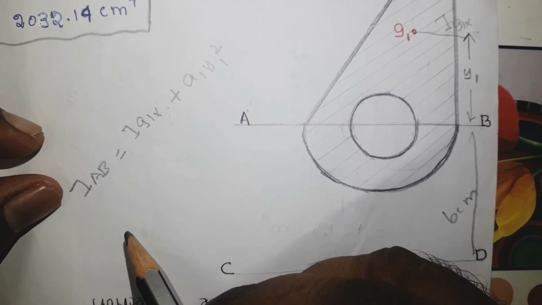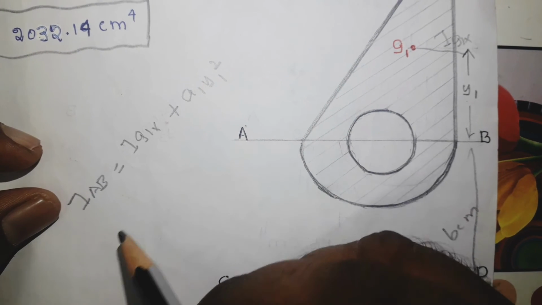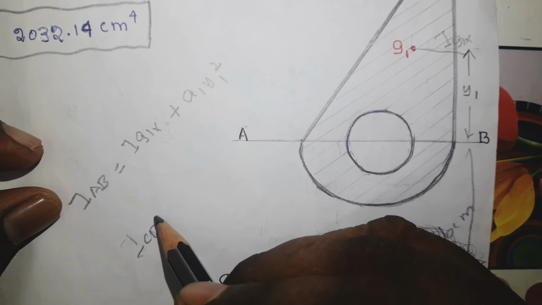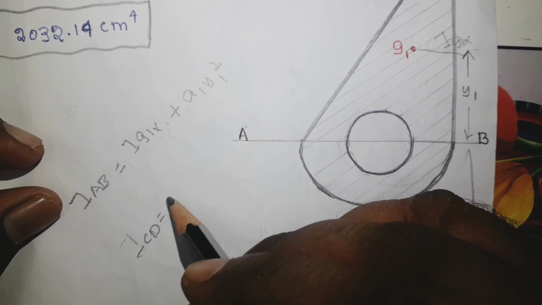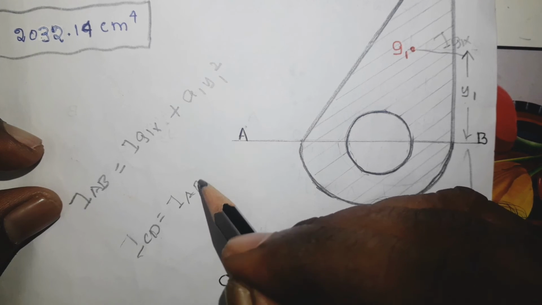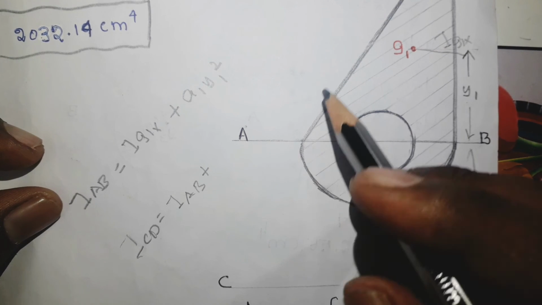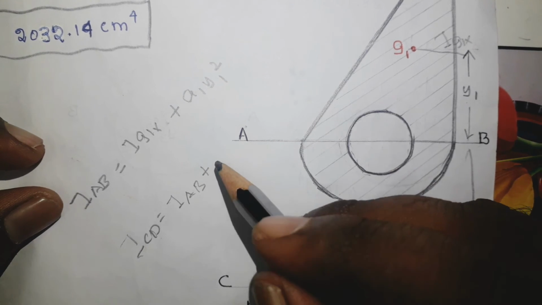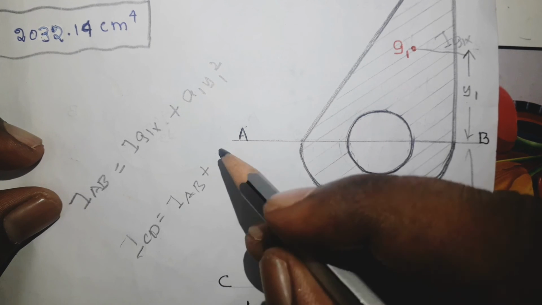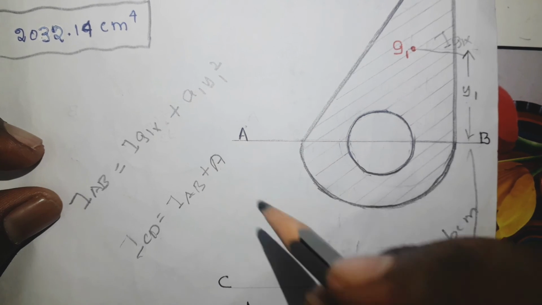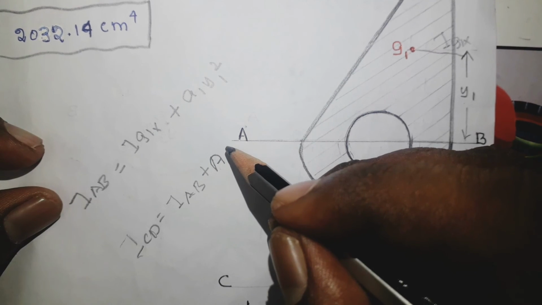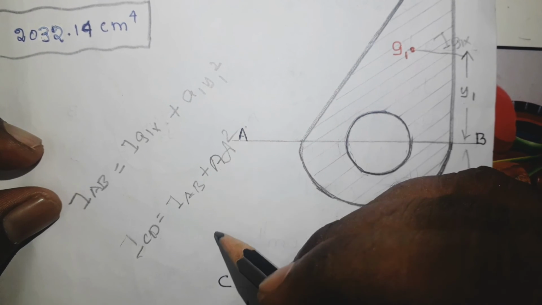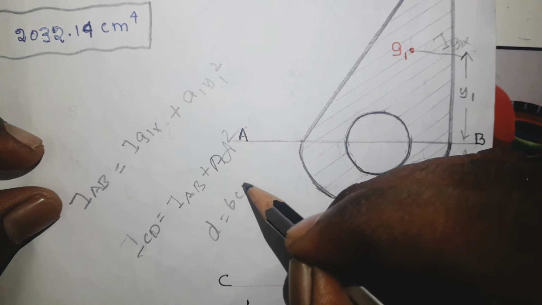ICD is equal to, I know the moment of inertia about this axis, so I can write IAB plus the area of this entire composite section, which can be taken as capital A, into the distance between these two axes, which is nothing but d square. Here d equals 6 centimeter.